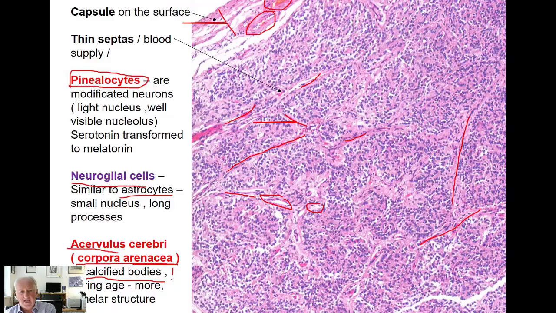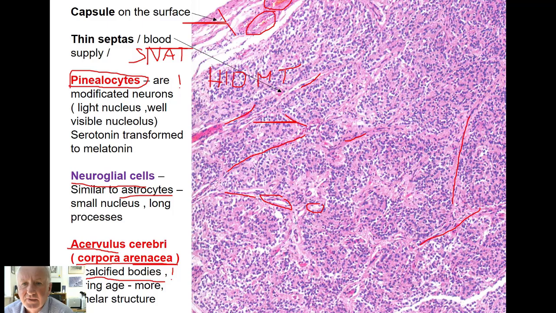And those are our famous modified neurons, pinealocytes, and their function is very simple. They have two important enzymes in the cytoplasm, both transferases. One enzyme is called SNAT, and the second transferase is called HIOMT.